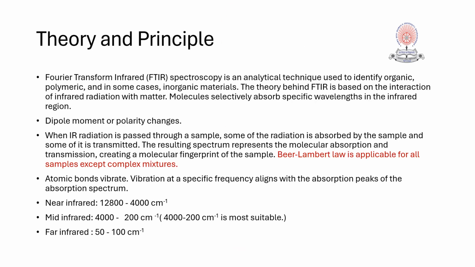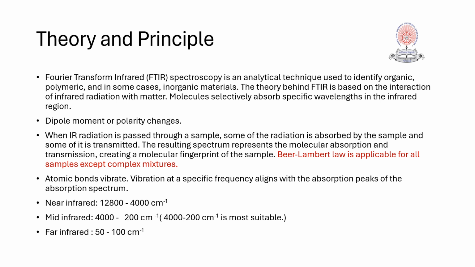Fourier transform infrared spectroscopy is an analytical technique. Organic, polymeric and inorganic materials, solid, liquid, gas, every type of material can be analyzed by FTIR. The molecules selectively absorb the specific wavelength and the only condition is that sample should have a dipole moment.